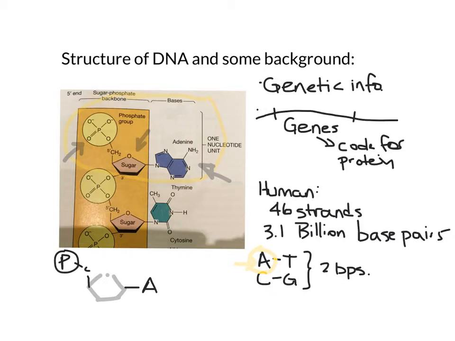Those are the 3 parts to a nucleotide. So that's one nucleotide. And when you join them together on the other side with its complement, it's a base pair.